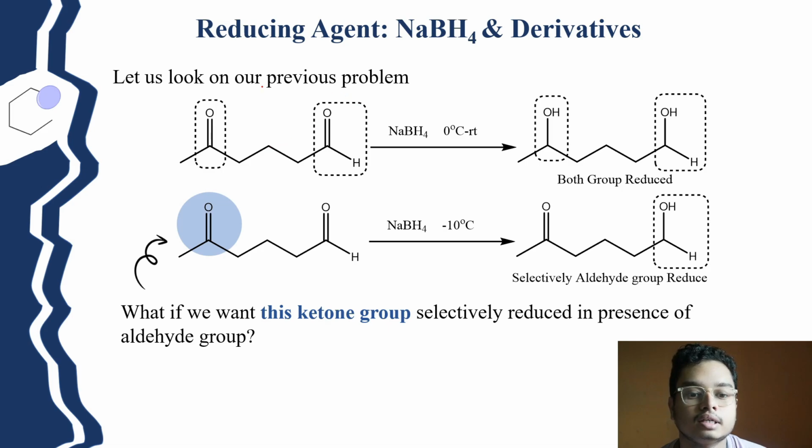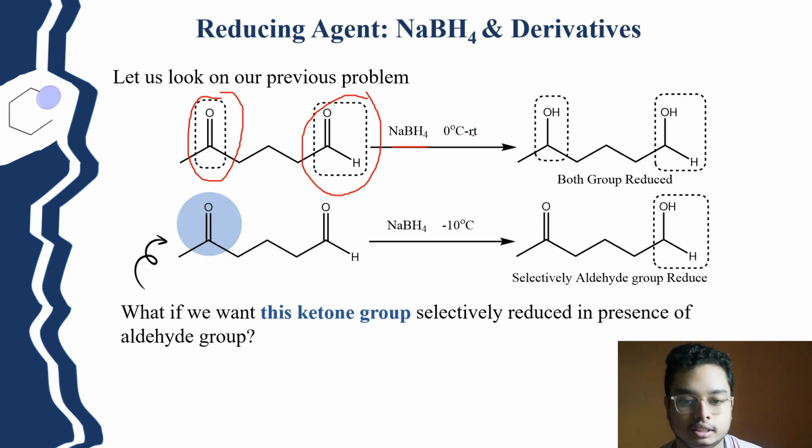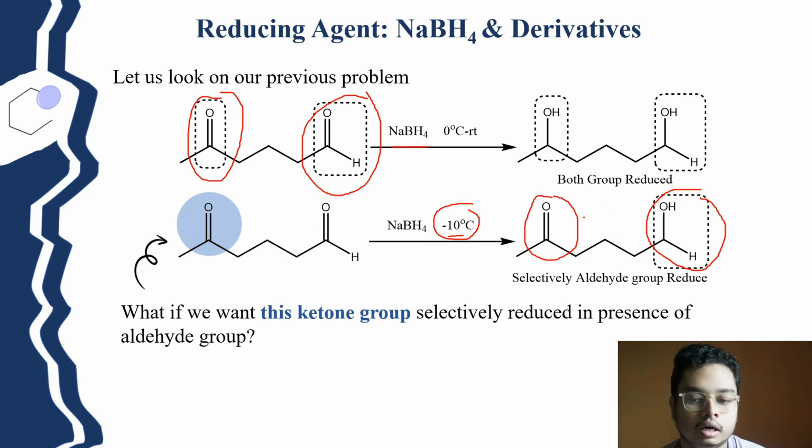If you have a starting material which contains both an aldehyde and a ketone group, and in presence of NaBH4 at room temperature or 0 degrees, then both groups, the aldehyde as well as the ketone, are reduced to their corresponding alcohols. But at a lower temperature, minus 10 degrees centigrade, you can selectively reduce the aldehyde group without harming the ketone group present there.